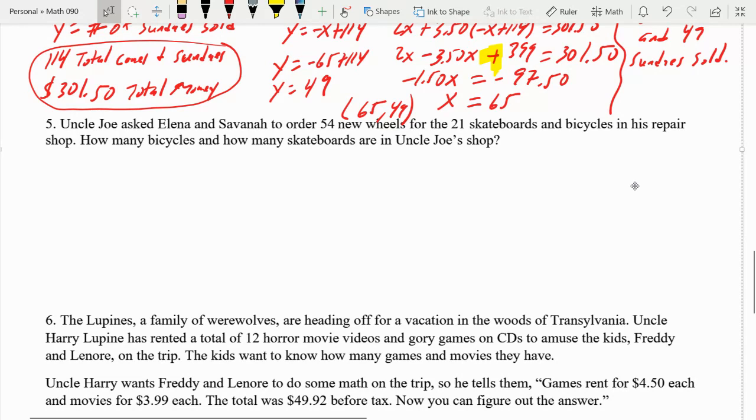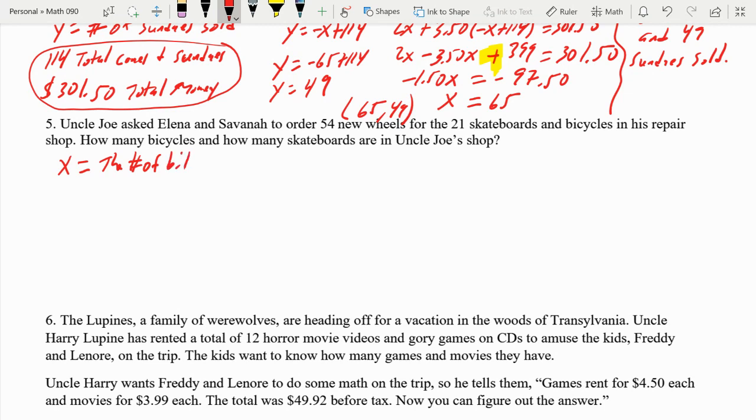All right. So number 5. I'm going to just go through this quick now. Hopefully you guys can go through and start figuring things out. If not, send me a message and I'll try to explain it a little bit better. So number 5, X is equal to the number of bikes. Y is equal to the number of skateboards.